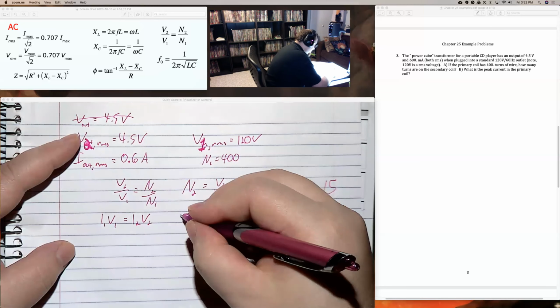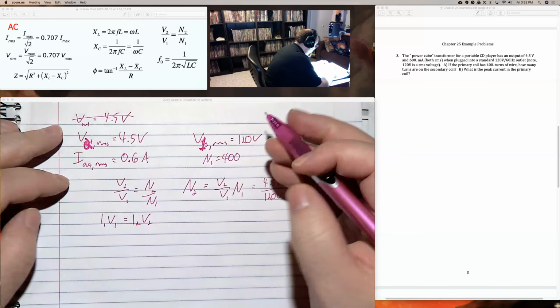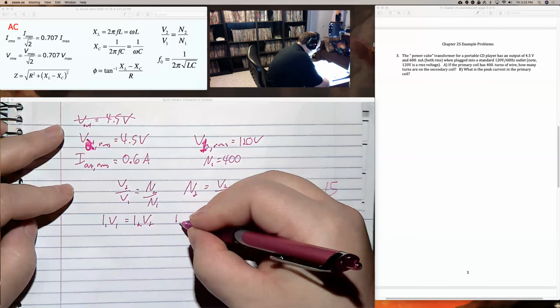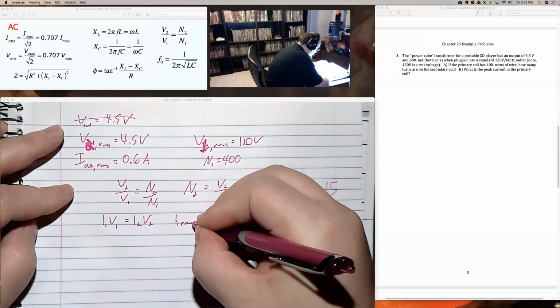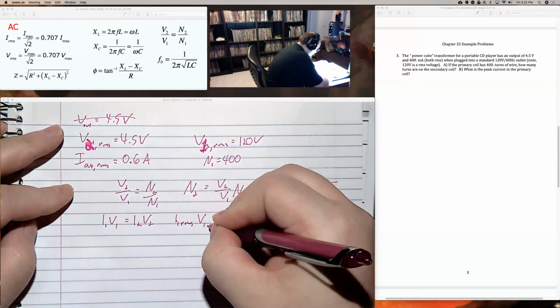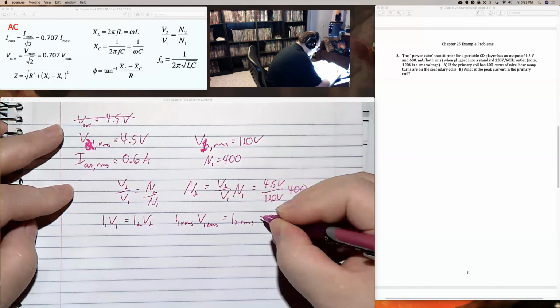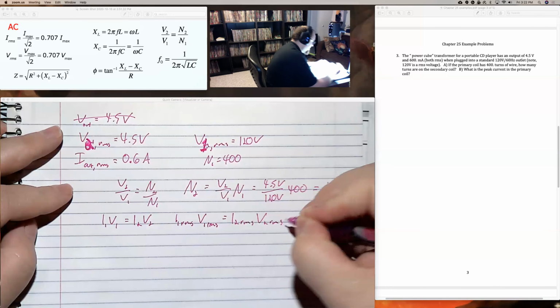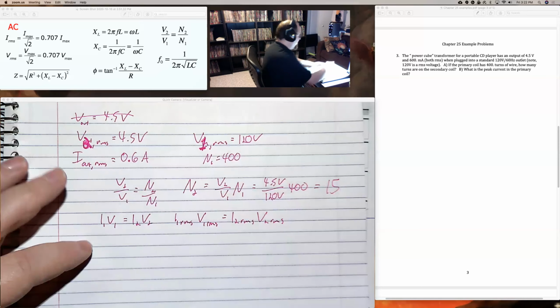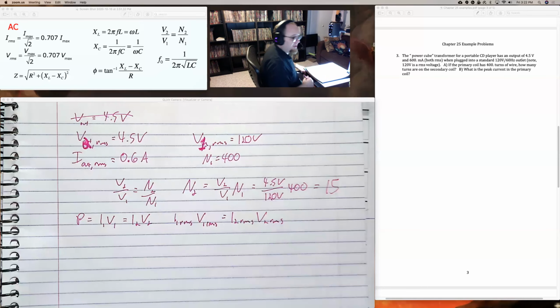Or, since we had all RMS values here, I1 RMS V1 RMS equals I2 RMS V2 RMS. Because it's power. If I'm doing power, I have to use RMS. Power doesn't really work with max.